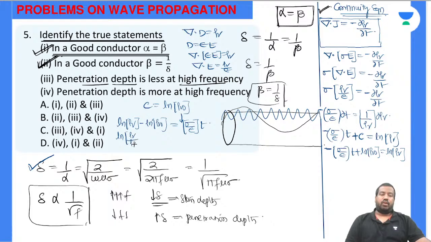Ln of rho v by rho v naught is minus sigma by epsilon into t, you have a minus here, I think I'm right.